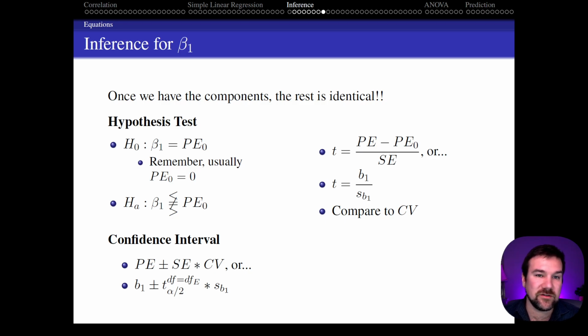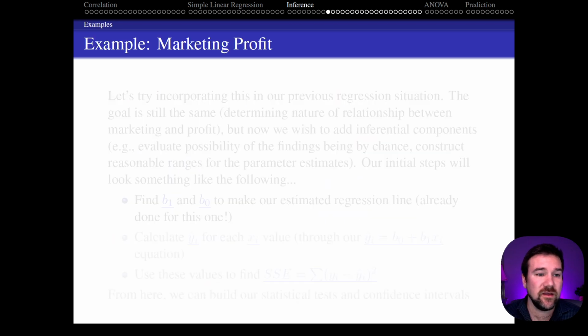Same process for confidence intervals. The only new thing is finding the point estimates for each of the things, and that's not even new. So really the only new thing is finding the standard error of the intercept and the standard error of the slope. First, calculate that S, and then go to those respective standard error equations and calculate those.